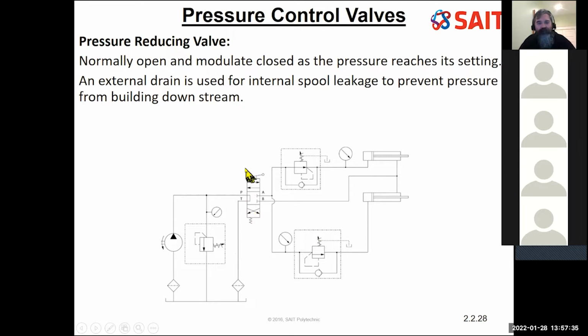If I activate this valve, so now pressure can flow into the line, flow out of port A. It's going to go towards this valve, which is normally closed. It's going to go towards this valve that's normally open. Path of least resistance goes through the open valve. It's going to extend this cylinder. When the cylinder gets fully extended, or when it clamps on something, pressure will build up. And when it builds up high enough, the valve would then close.